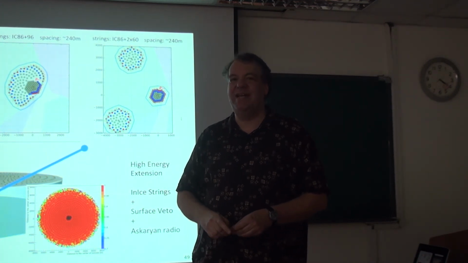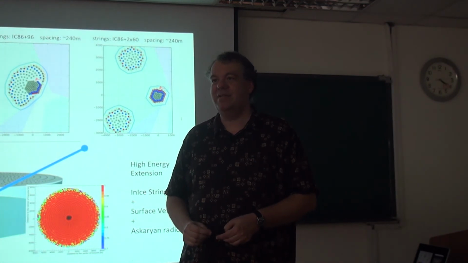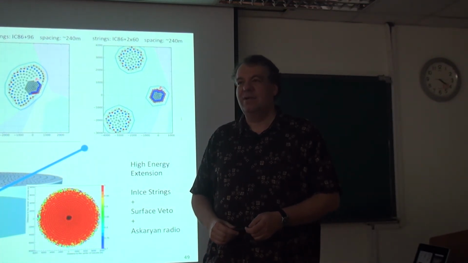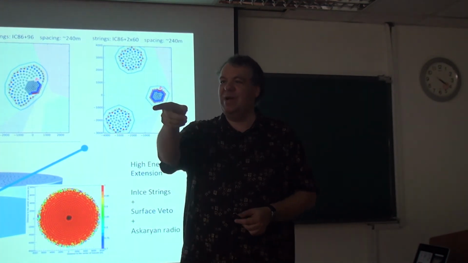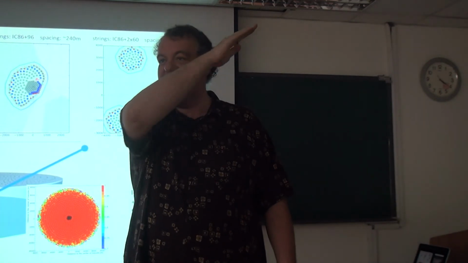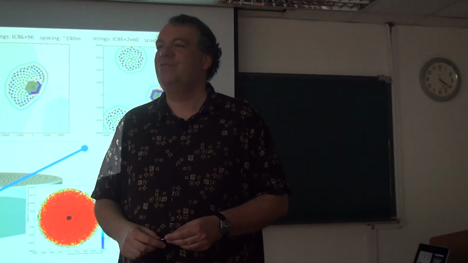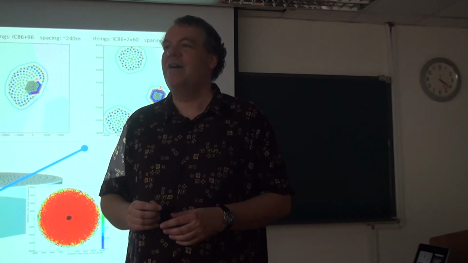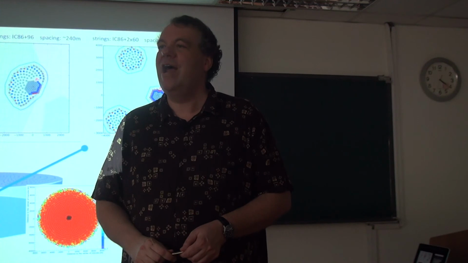So you may be seeing just the nearest few sources. And the cutoff need not be at all sharp, as we were saying; instead of this E to the minus 2, you could fit with a spectrum more like E to the minus 2.3 without a cutoff. IceCube really is running out of statistics there at a few PeV.